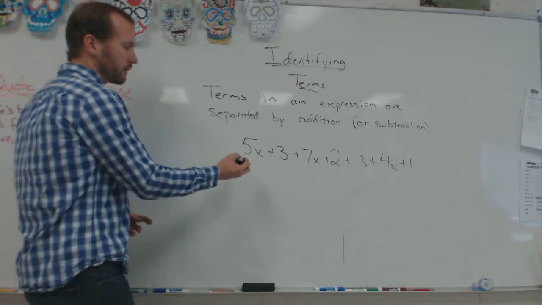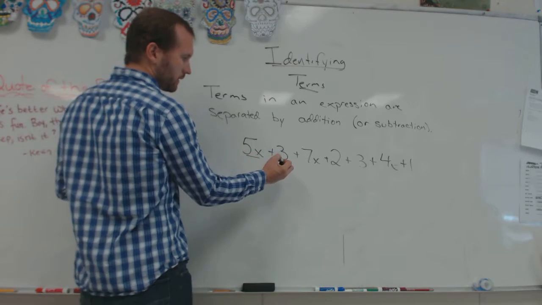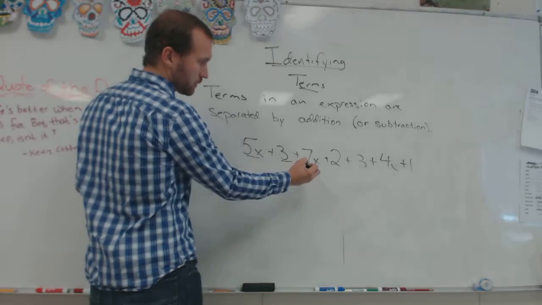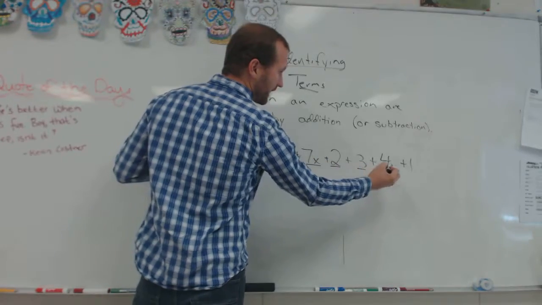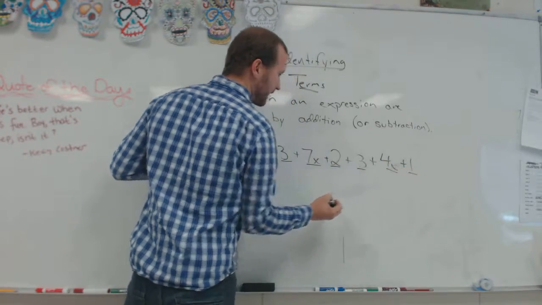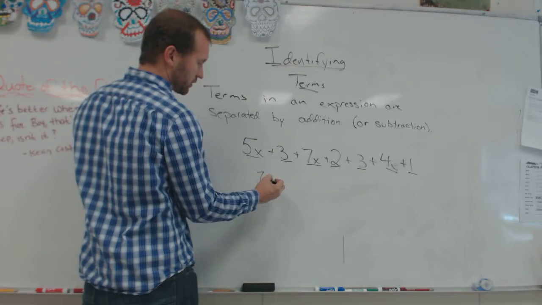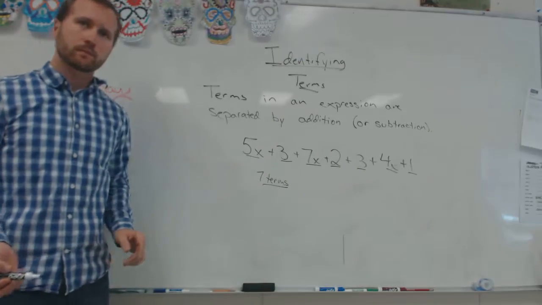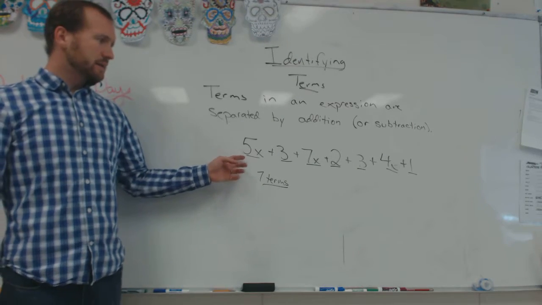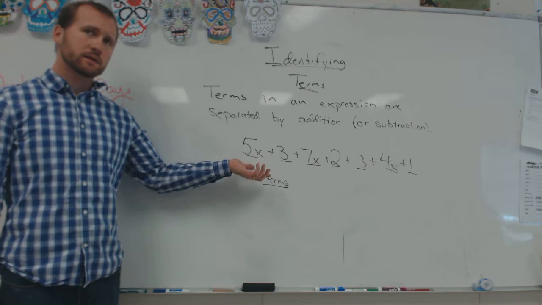It's made up of 1, 2, 3, 4, 5, 6, 7 terms. This has 7 terms in it.